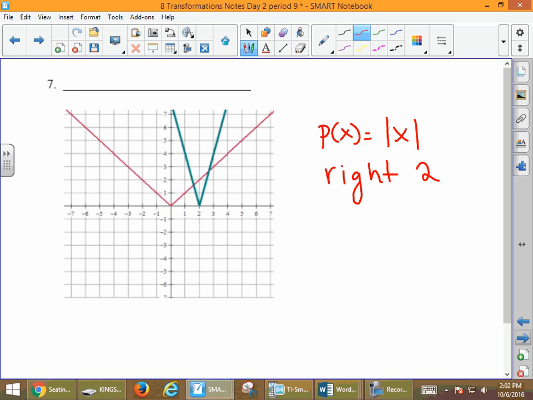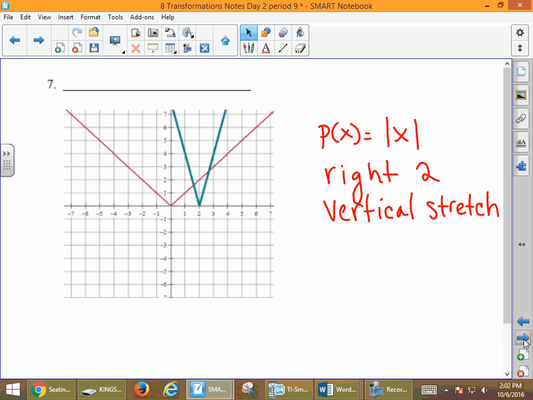And then the other one, again, there are 2 ways to look at this. But what I said is that this one is a vertical stretch. And I know on the video you can't see my hand gestures, but if we take this graph and stretch it vertically, what happens to our horizontal distance?